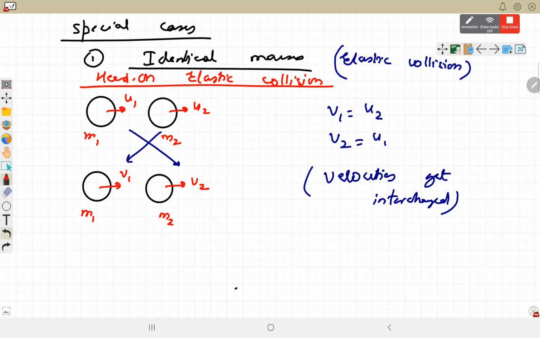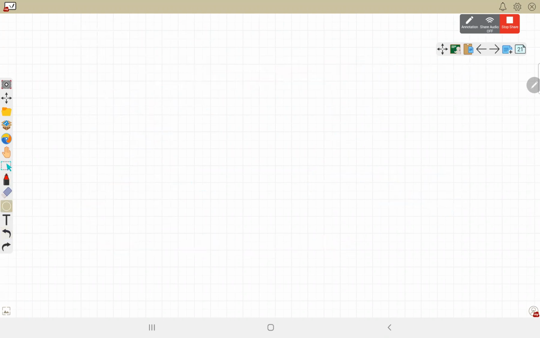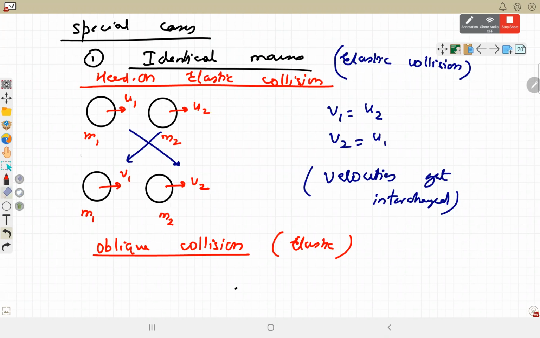In the oblique collision, oblique elastic collision between the identical masses with one of them at rest. So ये m, इसमें क्या हुआ, पिछले वाले में masses दोनों के same होने चाहिए.